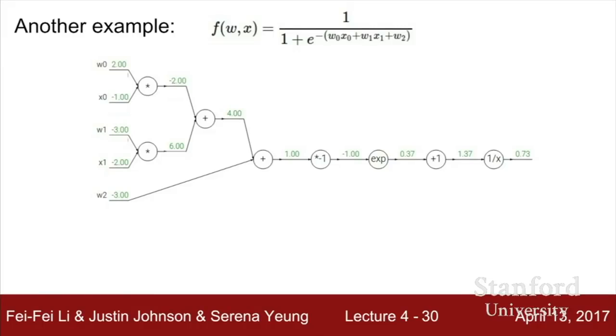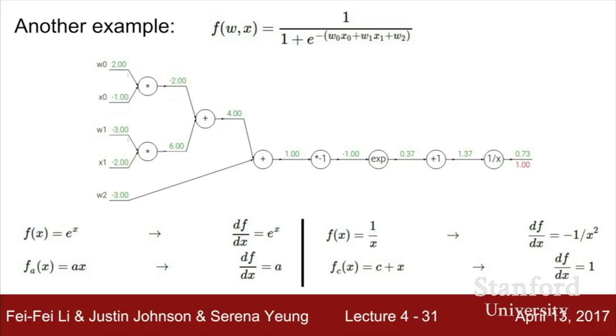And then here I've also filled in values of these. So let's say given values that we have for the w's and x's, right, we can make a forward pass and basically compute what the value is at every stage of the computation. And here I've also written down at the bottom the expressions for some derivatives that are going to be helpful later on, same as we did before with the simple example.